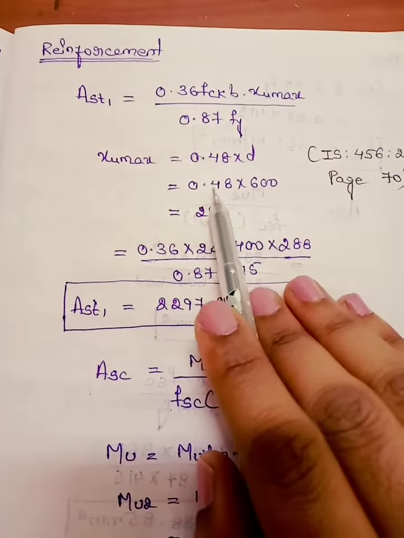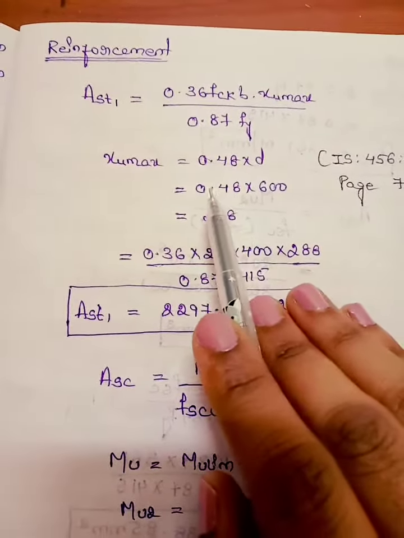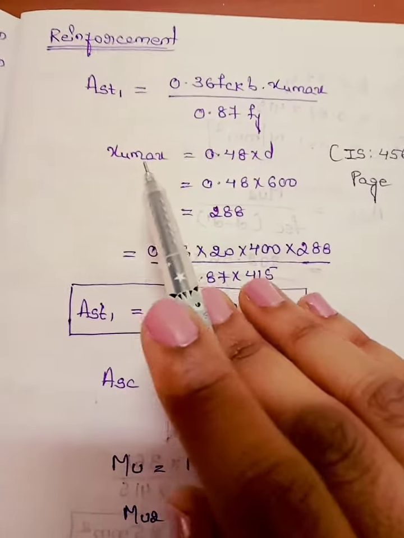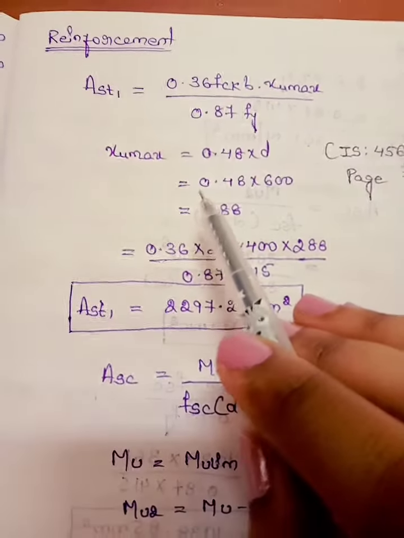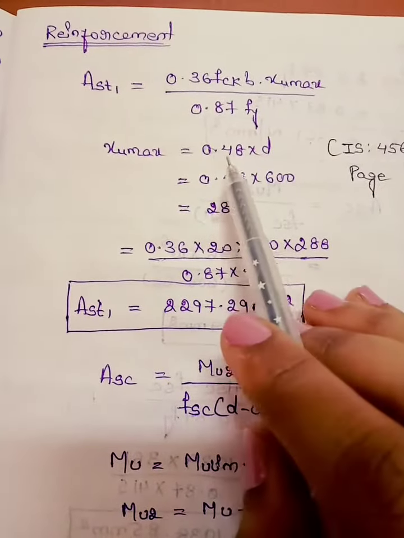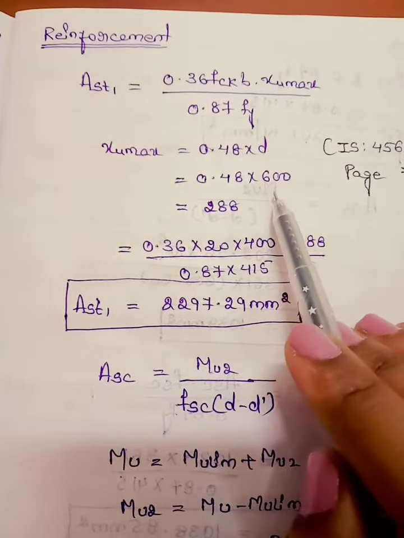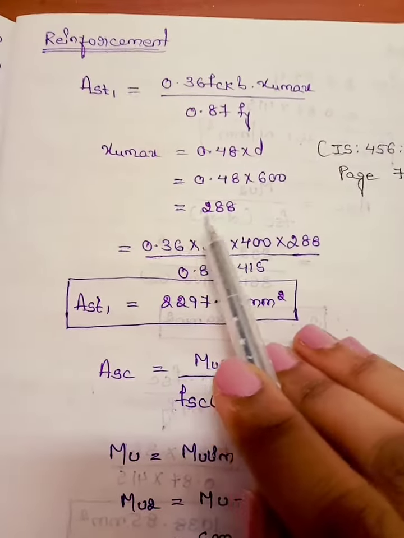If you want details about how to take XU max for other grades of steel, I have already made a video on that, and I'll link it at the end of this video. 0.48 into D, with D as 600, is 288.